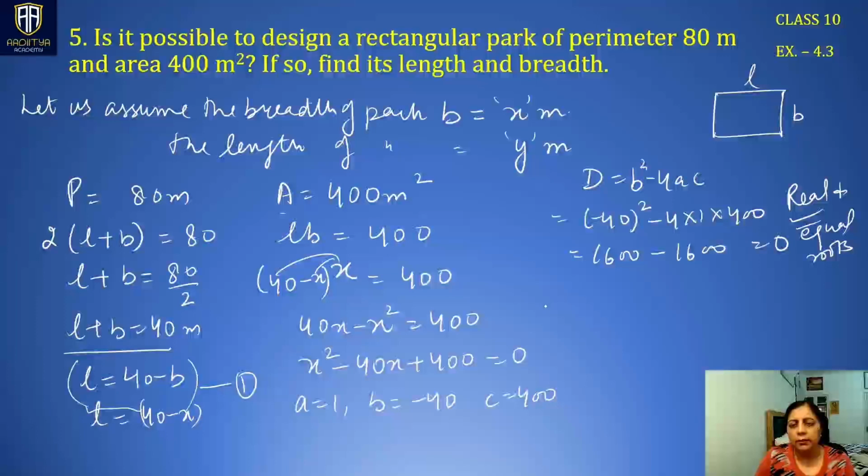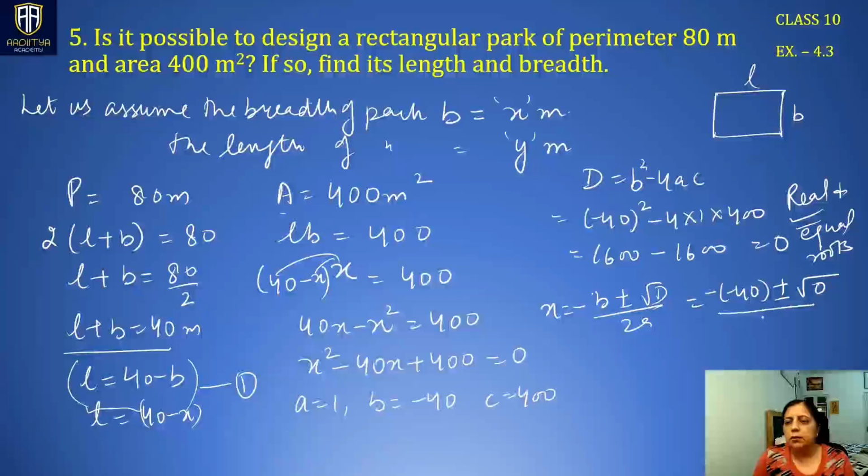Now to find that, we can further use the formula minus b plus minus root d upon 2a. So what we can do is minus b. b is minus 40. Minus of minus 40 plus minus square root of 0 upon 2a. 2a is 2.